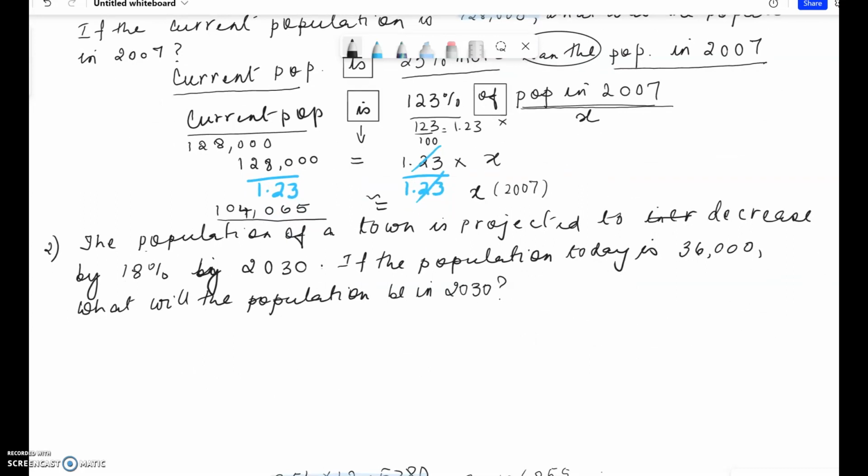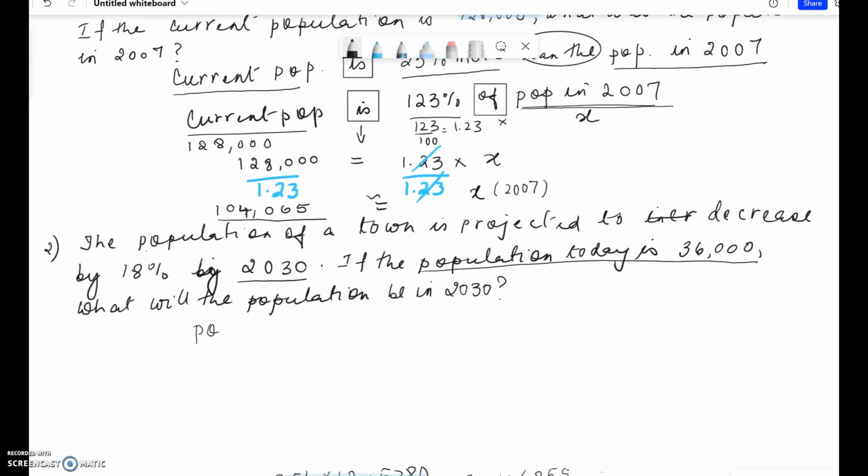The population of a town is projected to decrease by 18% by 2030. So the current population is 36,000. What will be the population in 2030?